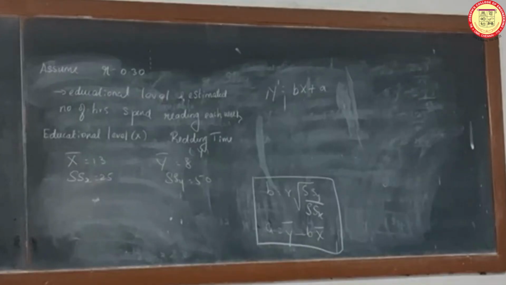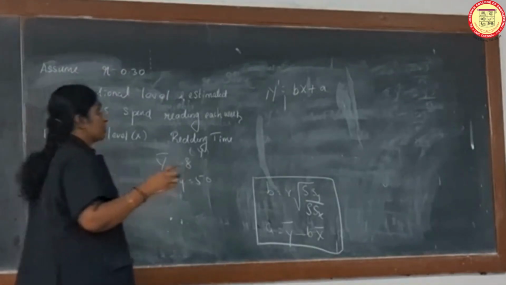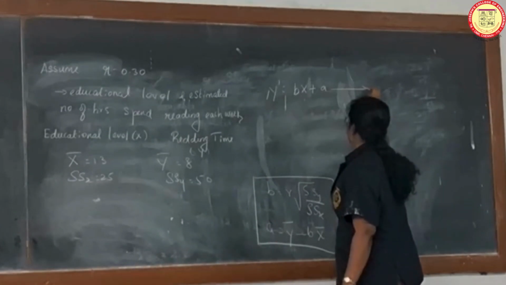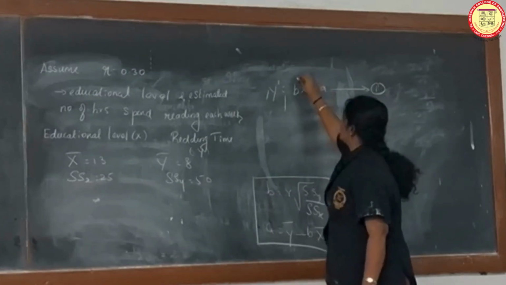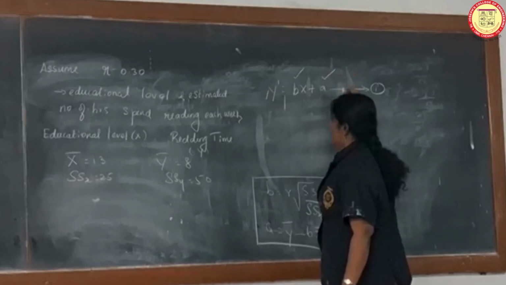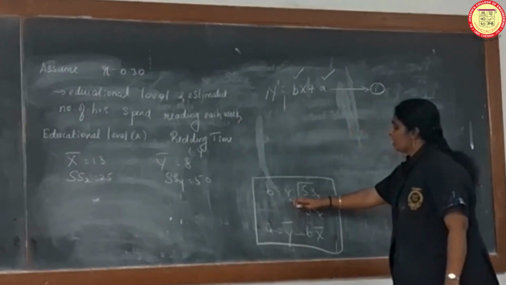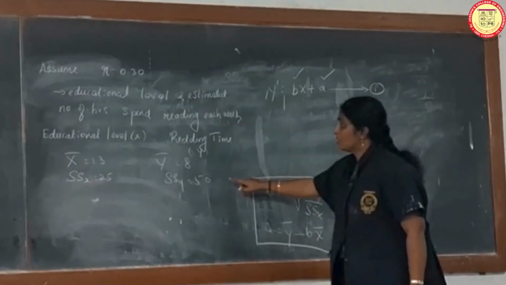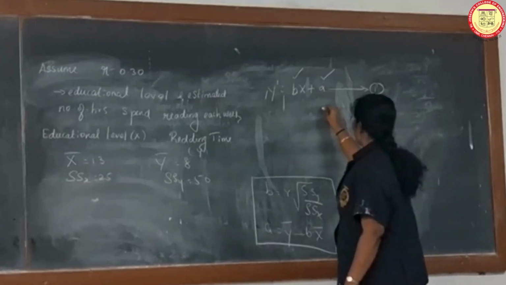So now we are going to calculate the regression line. The formula is y dash is equal to bx plus a. Before that you have to calculate the b as well as a value. Already you know the formula, b is equal to r into root of ssy divided by ssx. The values are already given. So first calculate the b value.